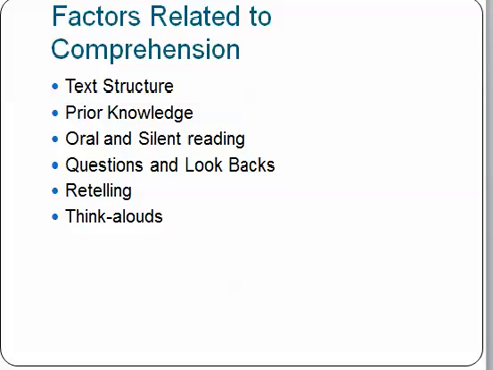Oral and silent reading. Typically, my poor readers who are at the 4th grade level and below comprehend better when reading orally. My fluent readers, on the other hand, read faster silently than orally.